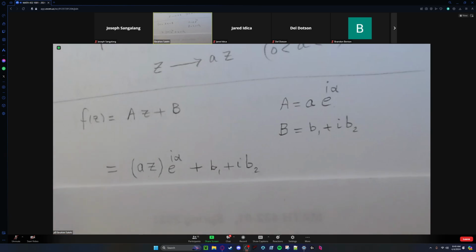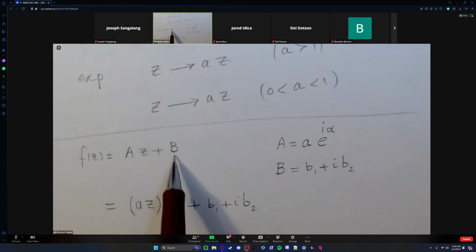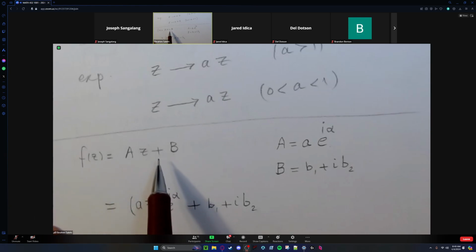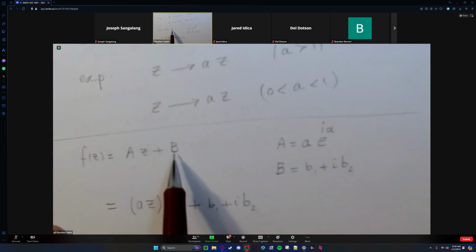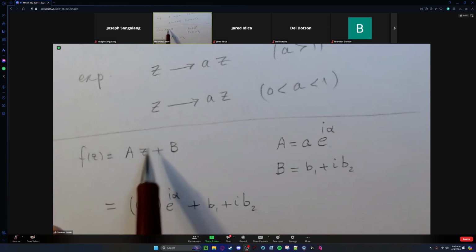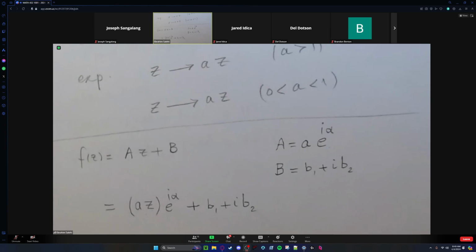So combination of these 3 will give us a linear function. Linear function means it is just a number times Z plus a number. We don't have Z squared. We don't have e to the Z. No, it's just Z. That's called linear.